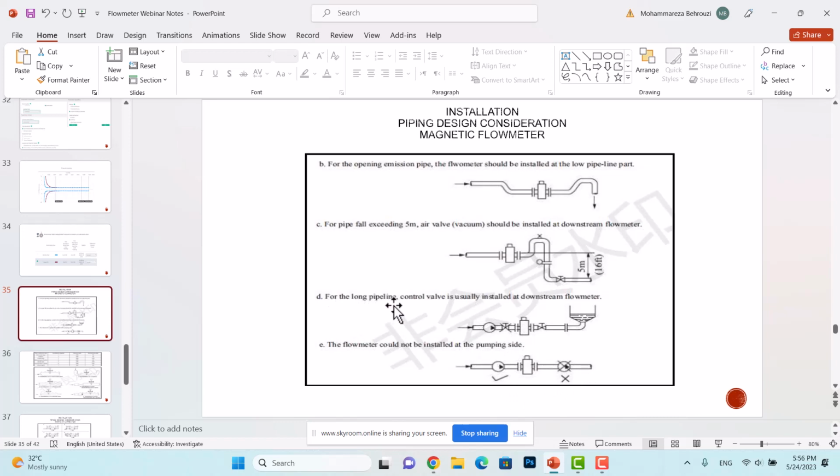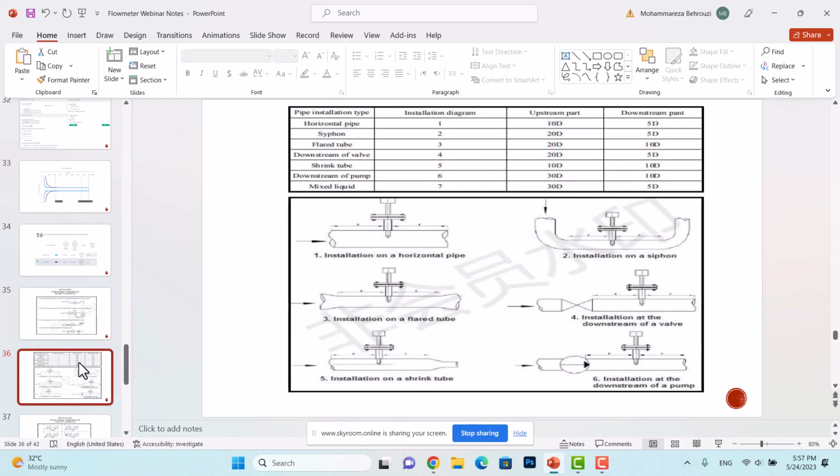Or for a long pipeline, a control valve is usually installed downstream of the flow meters. You can see these ones. This figure should be selected. Or other design considerations for magnetic flow meters, and not just for magnetic flow meters, but also for vortex flow meters, we have a term which is installation run.